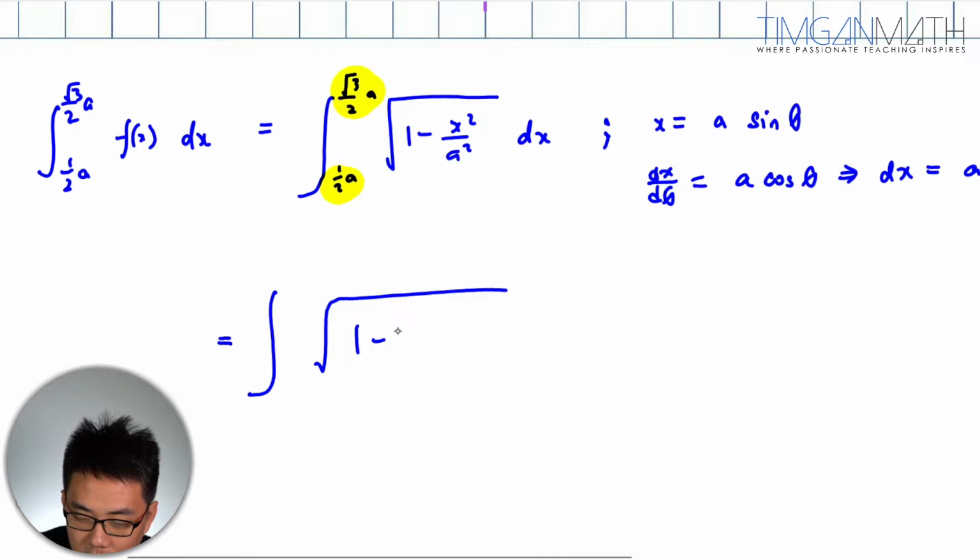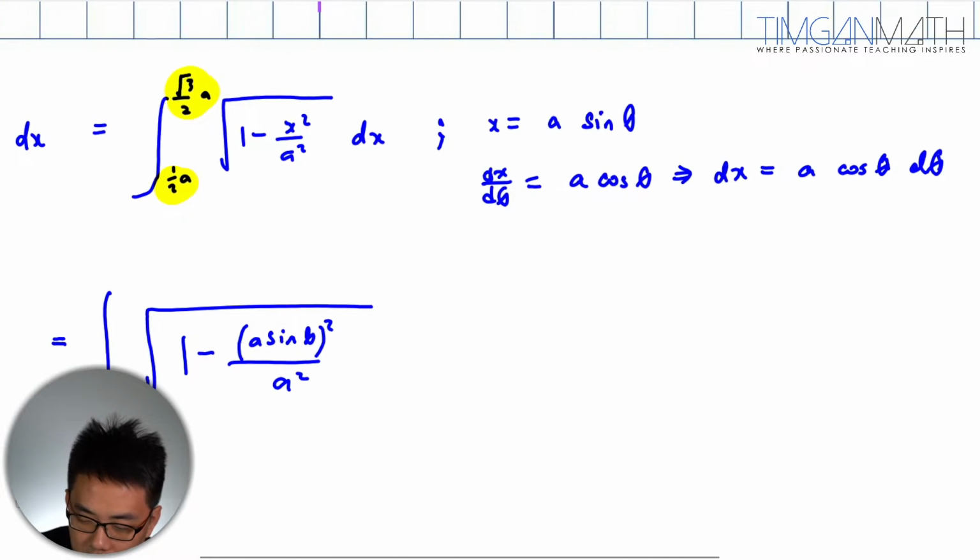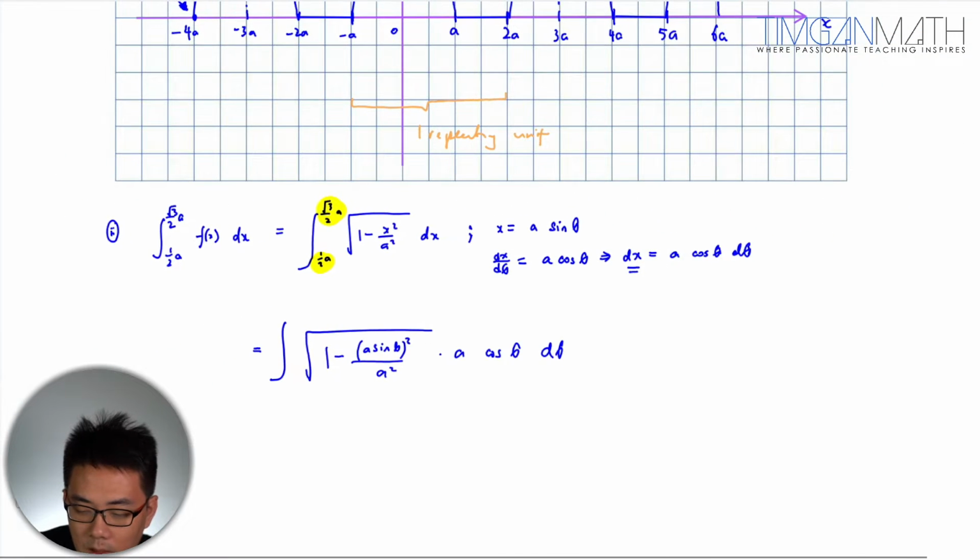So this is 1 minus a sine theta squared over a squared. dx is a cosine theta d theta. Okay, some schools will allow you to write this.